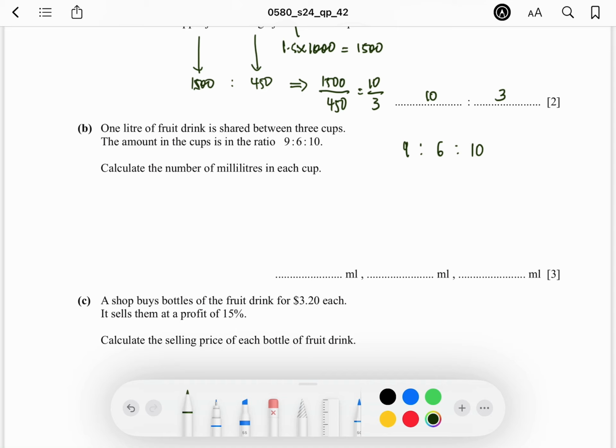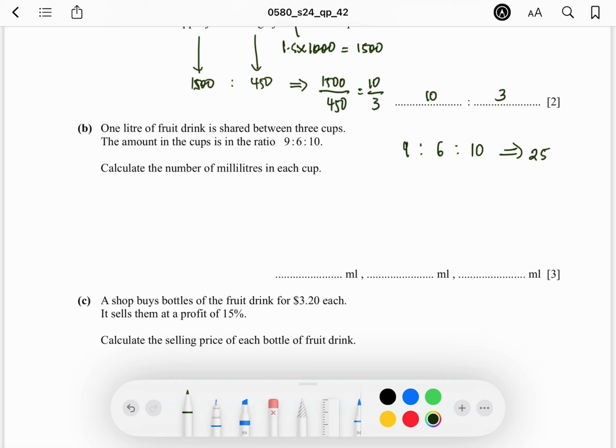Add 9, 6, 10. Yep, you add to get the total number of parts, which is 25. And then what do you do with that? Divide 1 liter by 25.